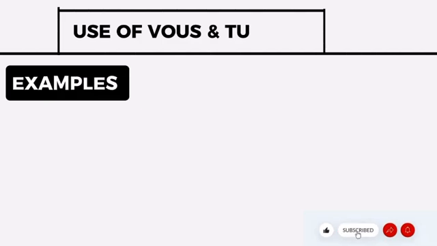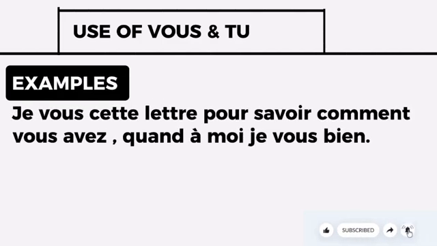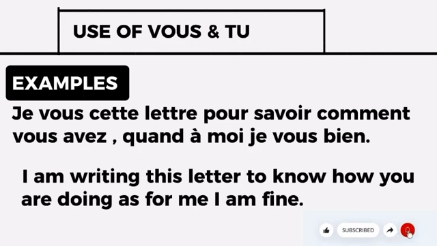For instance, je vous écris cette lettre pour savoir comment vous allez. Quant à moi, je vais bien. And this means I am writing this letter to you to know how you are doing. As for me, I am fine. Looking at this sentence, you can easily say that the person is referring to another person in a higher rank than him or her.